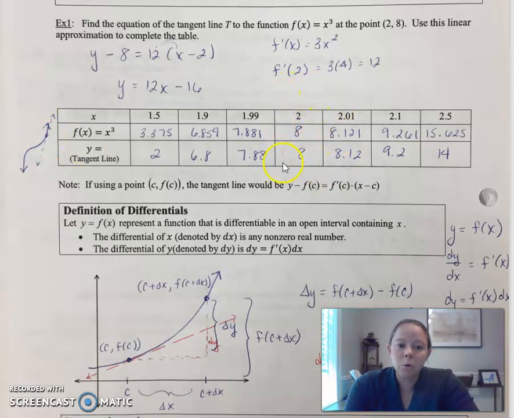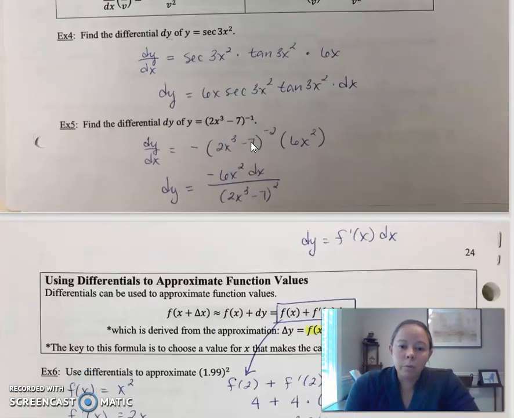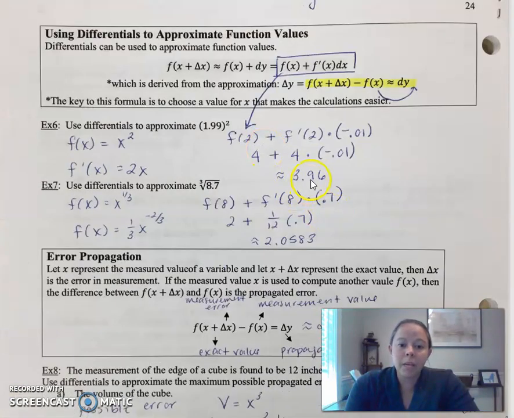Just like in this table, we stayed along the tangent line and got this number as opposed to the actual number on the curve. So this 3.96 is staying along that tangent line. We're starting with what we know, staying along that line, and using the slope of the tangent line and the change in x to get an approximation.